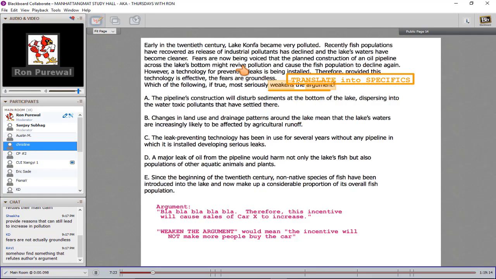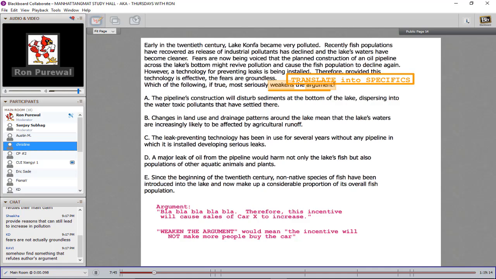So let's talk about it. Fears and groundless is still not specifics. That's still abstractions. Those words, fears and groundless, are still kind of like the words weaken and argument. They're still not words that really mean anything.